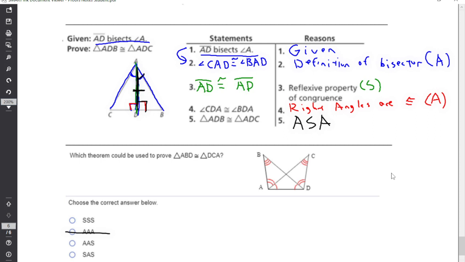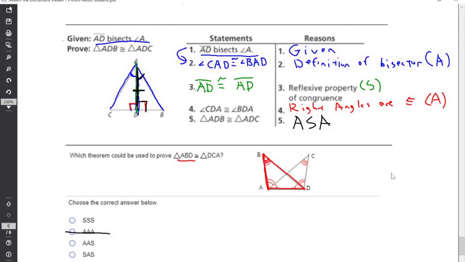So what I would do is this is something we'll use in the next proof we're about to look at, trace out those two triangles and mark out the information that you can get. Okay? So if I'm going to trace out those triangles, then I have A, B, D. That is A to B through D. That is this triangle right here in red.